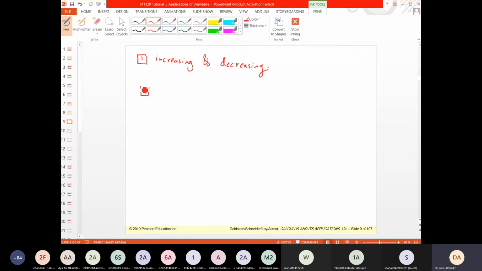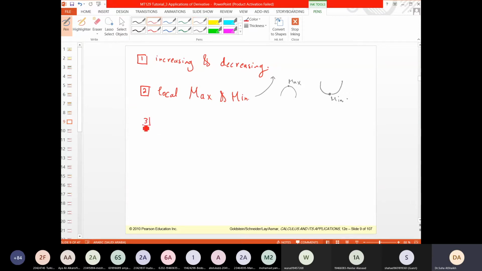In number 2, we say that we have the local or the relative max and minimum point. And we said إن هذا يجي من increasing with decreasing, صح? If the function is increasing and it changed to be decreasing, it is a max. If the function is decreasing and at the point it changed to be increasing, then I have a minimum point.